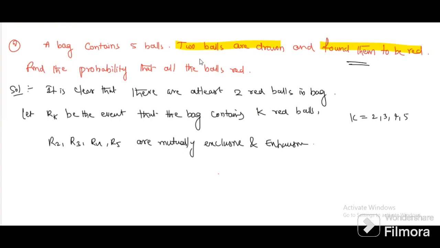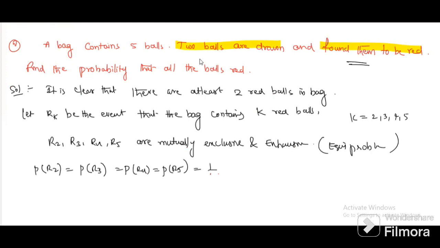Okay, so these are all equiprobable, each with probability 1 by 4.